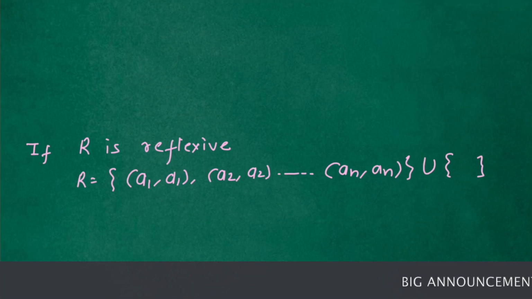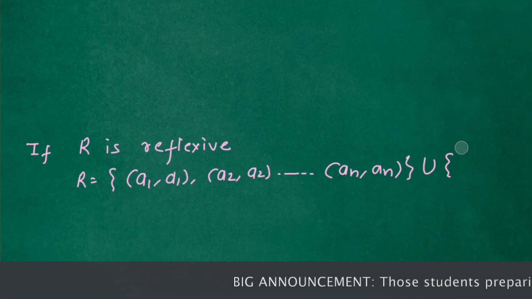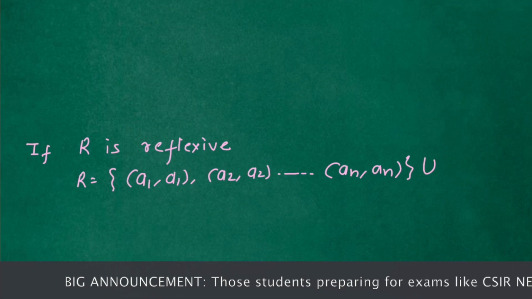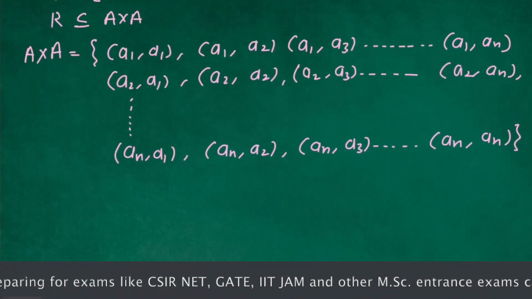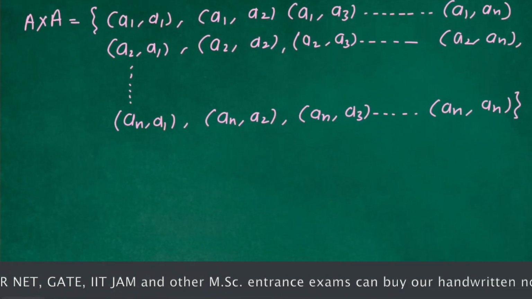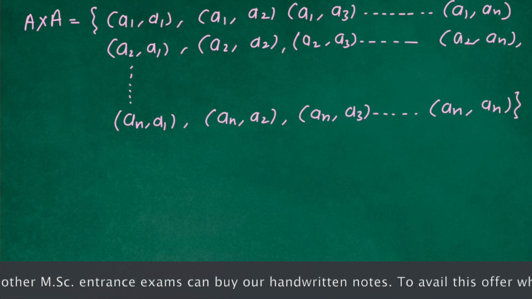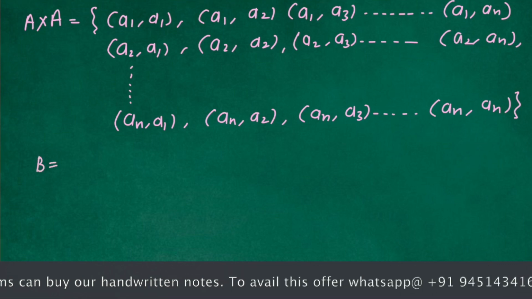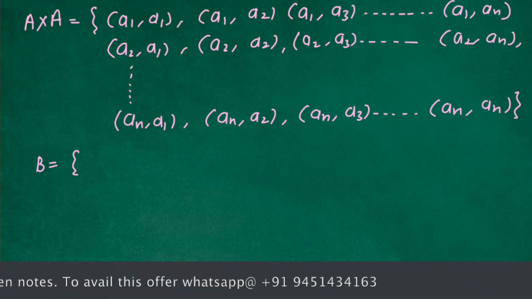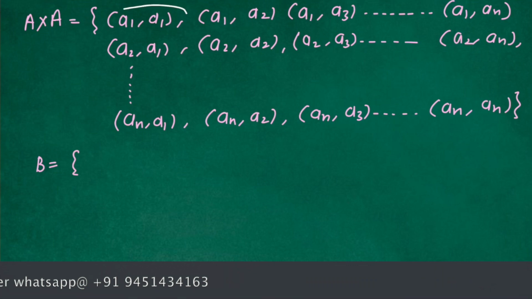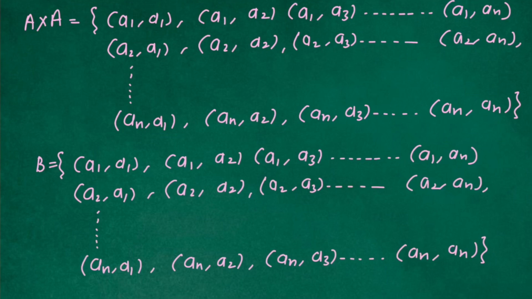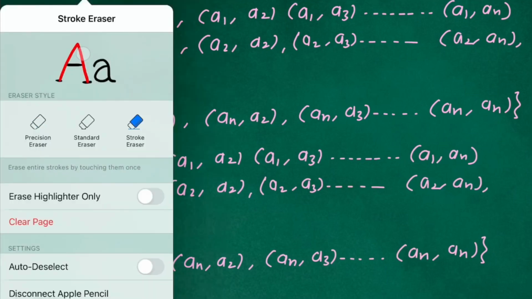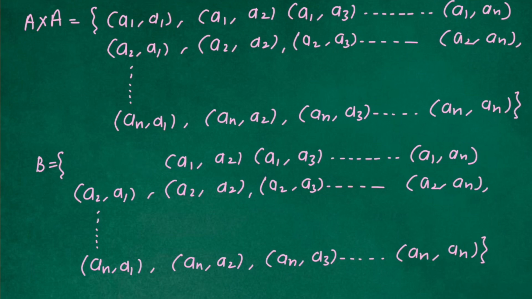So suppose this set is S. Now let's form a subset of A cross A which does not contain diagonal elements. Suppose that set is B. In this set B, we do not have these diagonal elements, so erasing those elements.